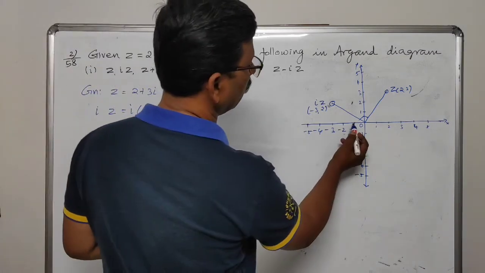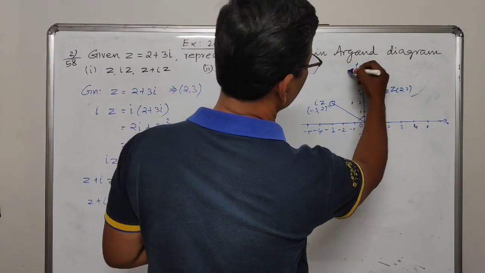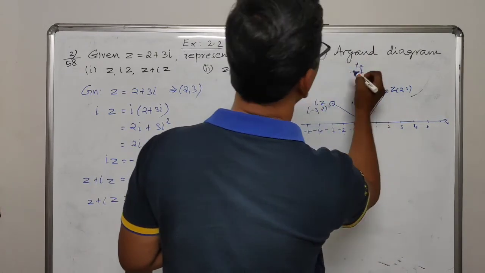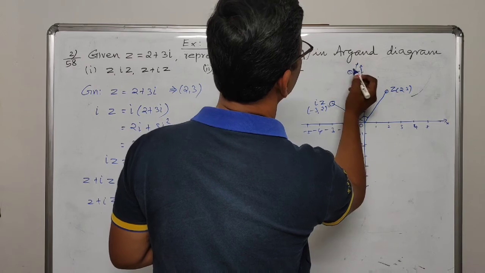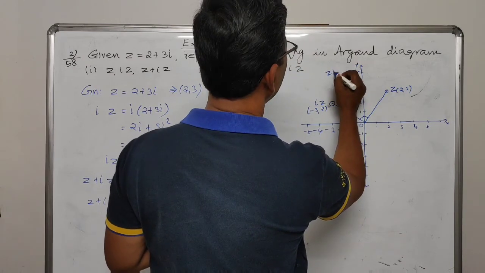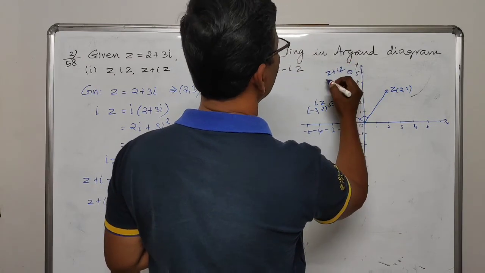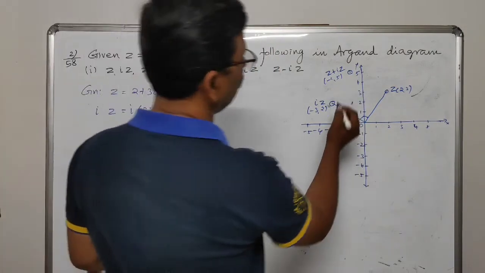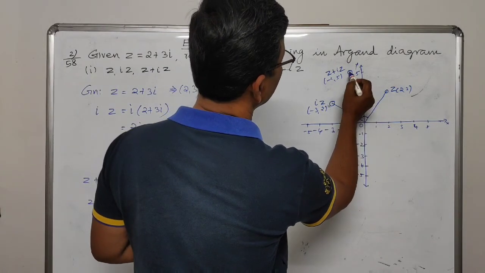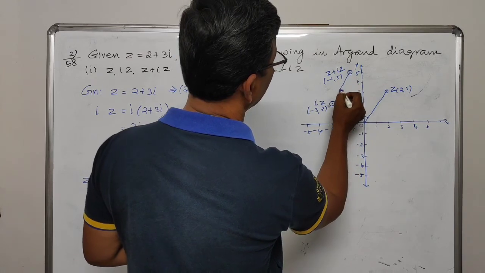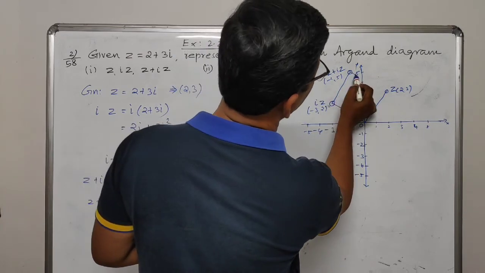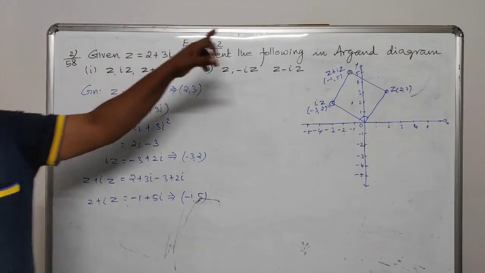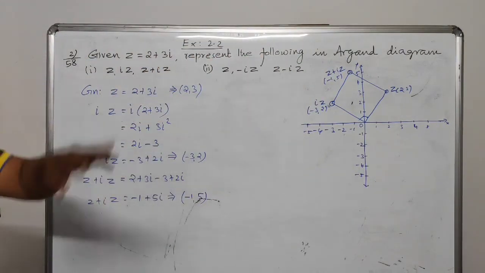Minus 1 is here and 5 will be here. This is z plus iz, minus 1 comma 5. Okay, now if you join these things, we can get a rectangle like this.